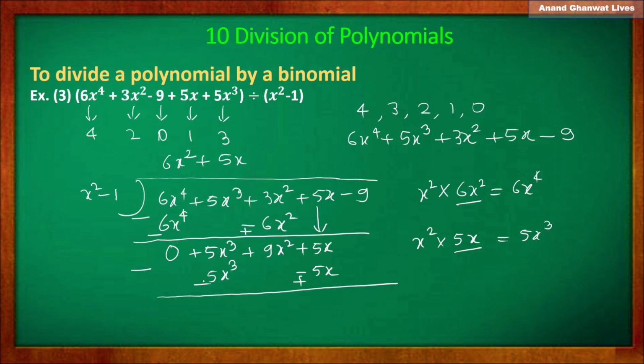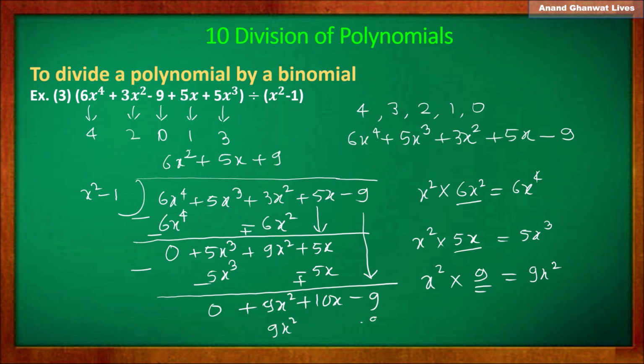5x cube minus 5x cube, that is 0, plus 9x square plus 10x and minus 9, which is the last term. Now think which is the proper multiplier of x square so that the product is 9x square, and that is 9. So write 9 in the quotient. 9 into x square, that is 9x square. 9 into negative 1, that is negative 9.